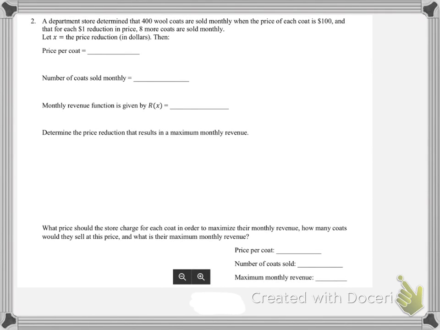So this problem is really similar to problems we've done before, right? But we're going to approach it in a little bit different of a way. The first thing I want to point out is that none of this will be given on the test or your homework.